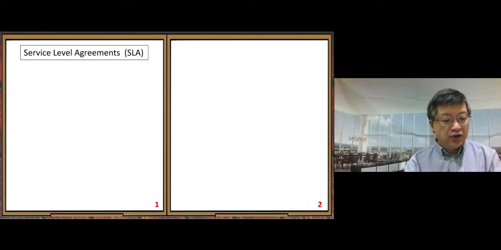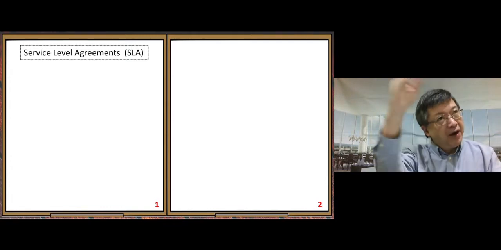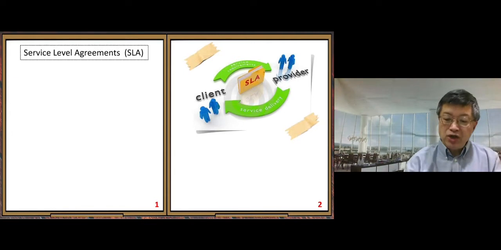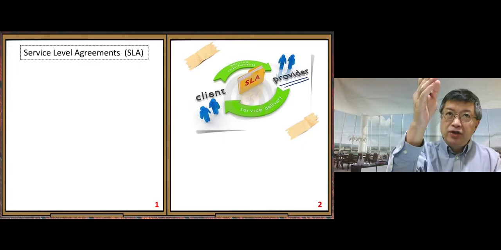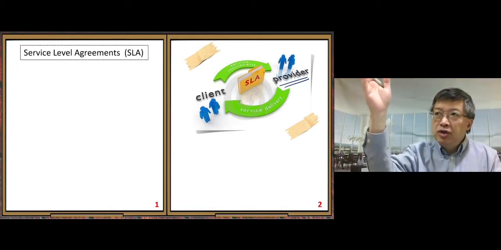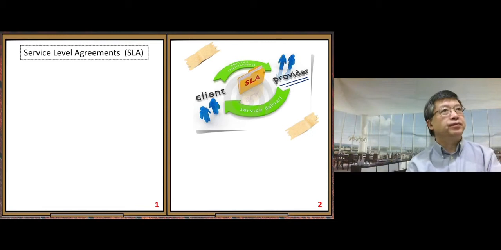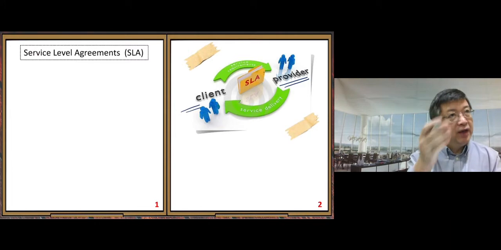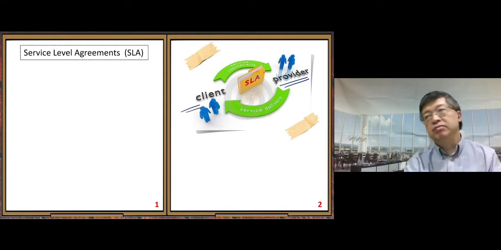So in that situation, there are providers and consumers, right? So in this picture, you can see the service provider. Let us just assume the cloud computing service provider. Then the consumers, the customers, the companies, they need to use those services.